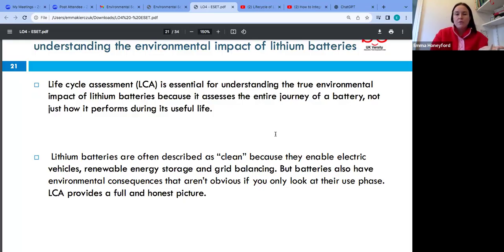But in order for us to use renewable energy for electric vehicles, in order for the energy to be constant, they have to use battery storage. But these batteries also have environmental consequences that aren't obvious, and you'd have to really use life cycle analysis to understand a full and honest picture of the environmental impact that you can't always see.